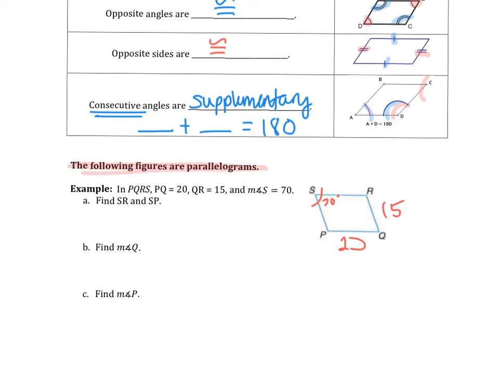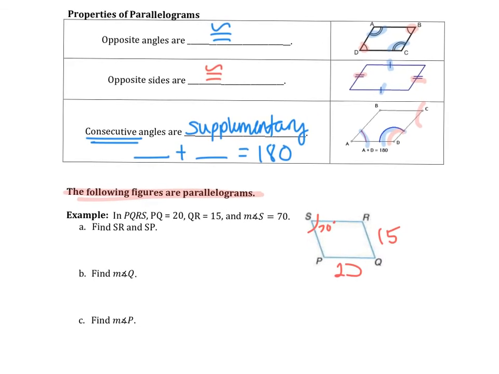So because they're parallelograms, I can use these properties we just went through to determine the other side lengths. So SR, which is across from PQ, would also equal 20. SP, which is across from RQ, would equal 15. The measure of angle Q, which is the opposite angle to angle S, would also be 70 degrees.